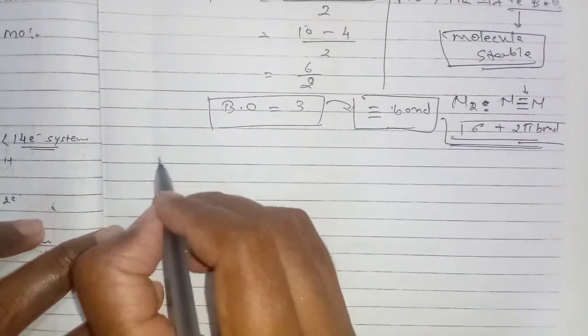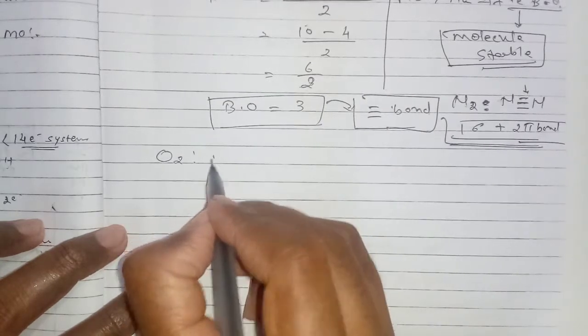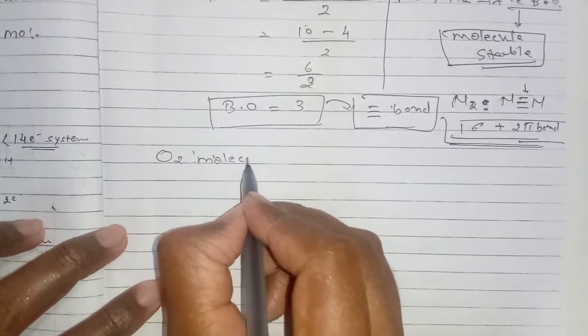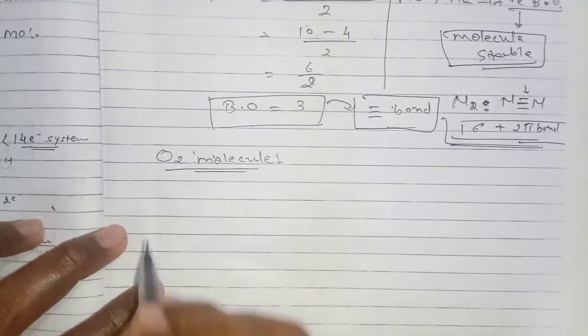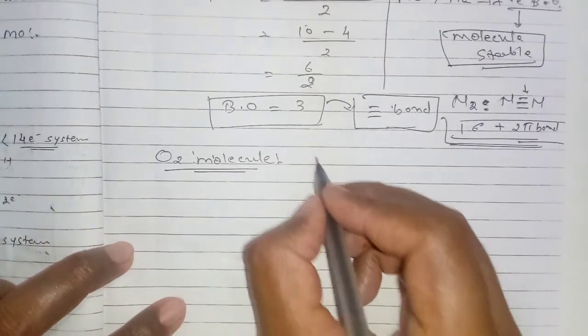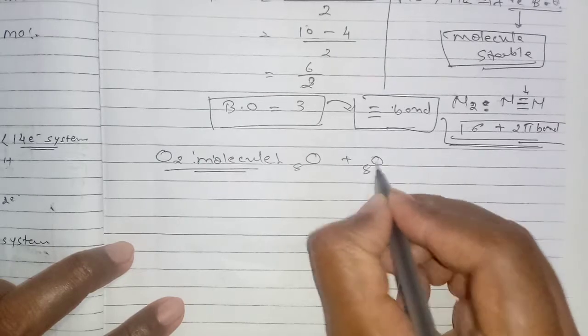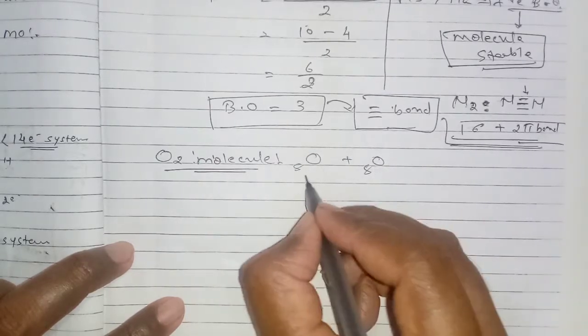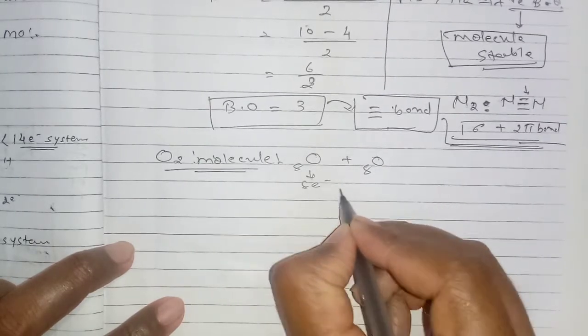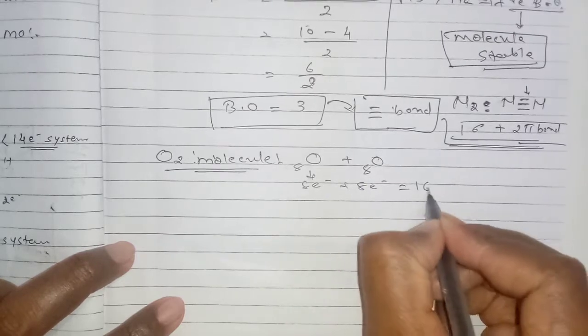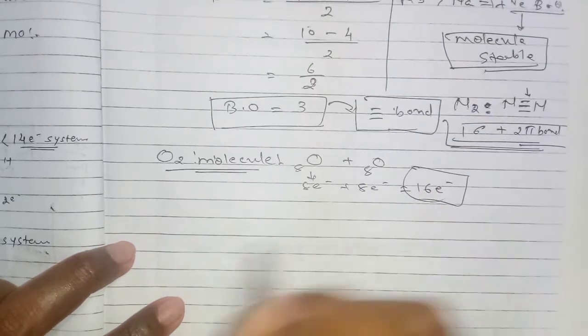Now for the oxygen molecule, its atomic number is 8. The total number of electrons is 8 plus 8 equals 16 electrons.